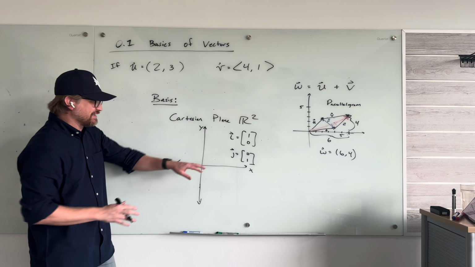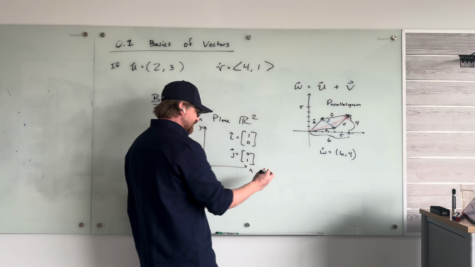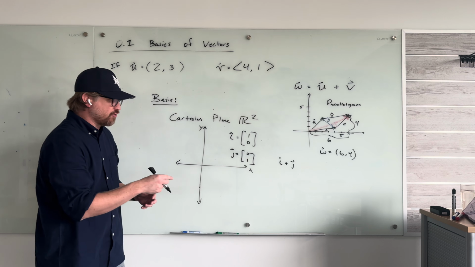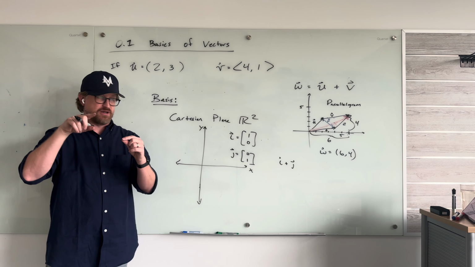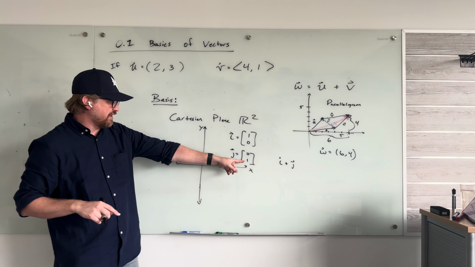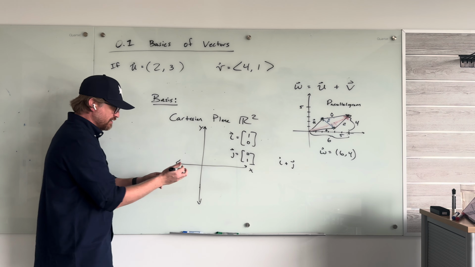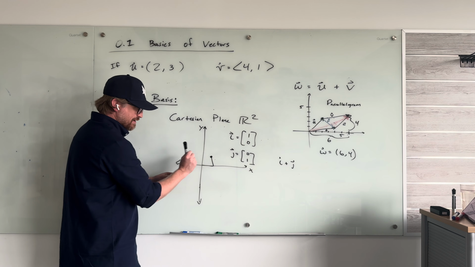If I take these two vectors and combine them together, if I say i plus j, this will give me, essentially, any coordinate along the circle, almost a unit circle in a way. Sorry, not even a circle. It's really just a single point where I'm going one step to the right and one step up. So it's describing that point there.